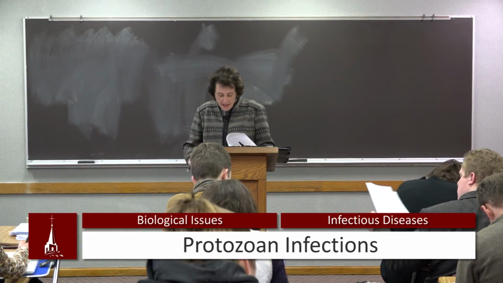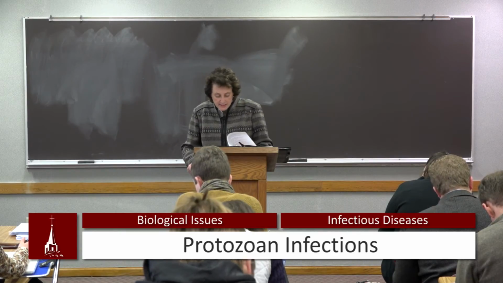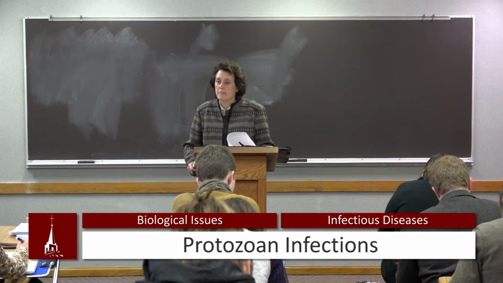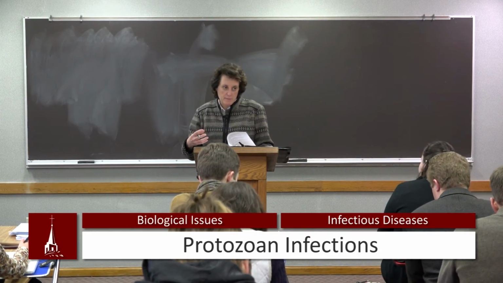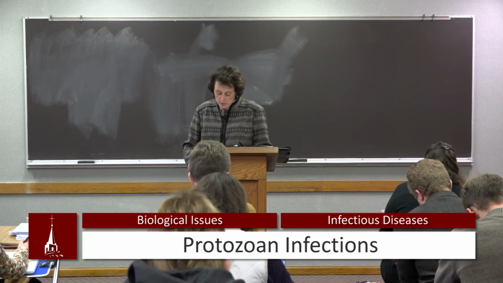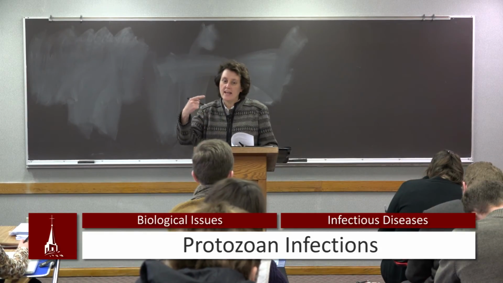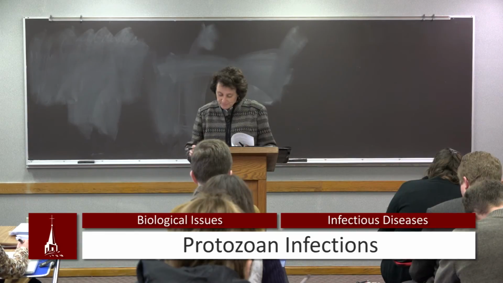You can see we have Plasmodium vivax, Plasmodium falciparum, Plasmodium malariae. So the general name of the organism is Plasmodium singular, Plasmodia plural. And the organism involved depends on how often the fever cycle starts and stops.